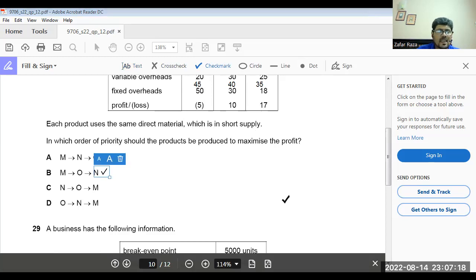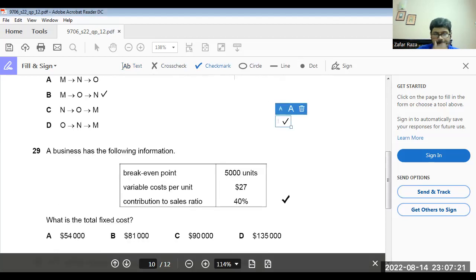Okay. A business has the following information. Break-even point 5,000 units. Variable cost per unit $27. Contribution to sales ratio is 40%. So what we have to do? Break-even point is 5,000 units.